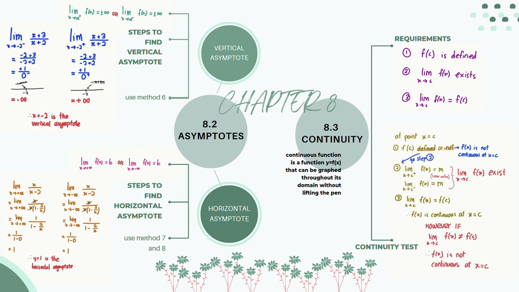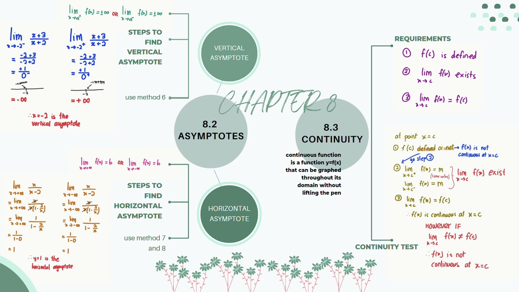So the steps to find the horizontal asymptote is we need to use the method 7 and 8. So just like how explained just now, when we have the function, we can use the method 8 to factorize it by the highest degree, and then from the method 7 we know that any value over x to the power of n would always be equal to 0.